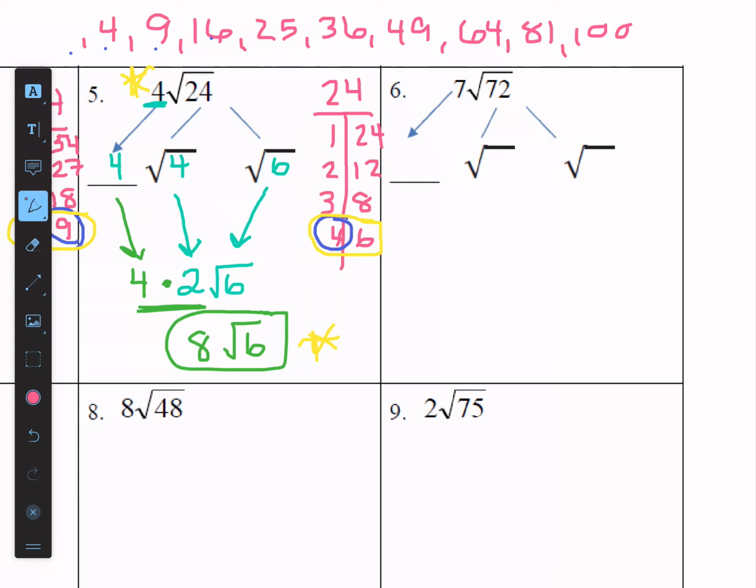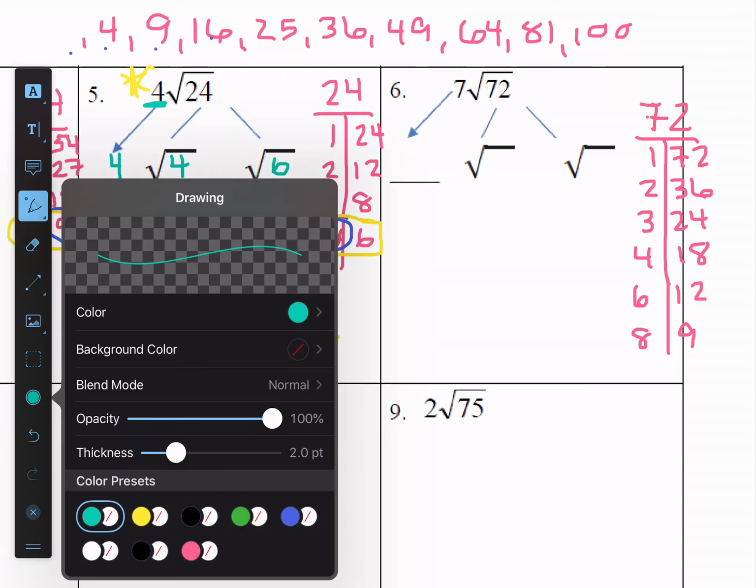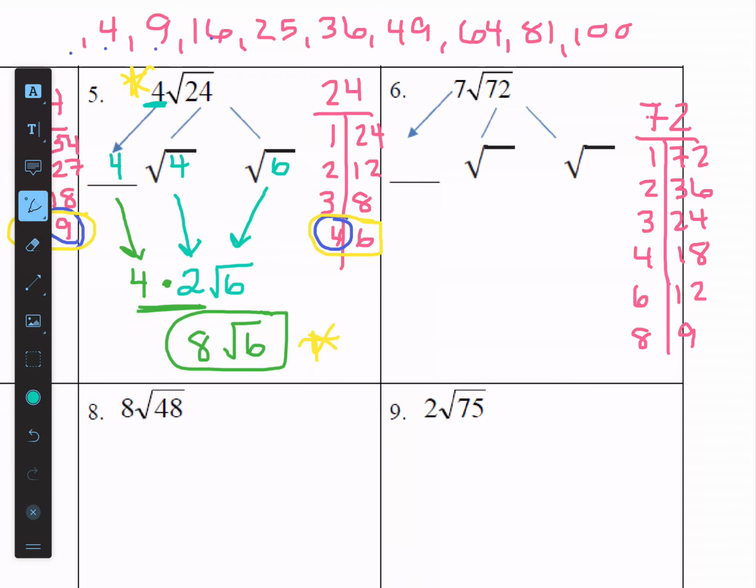All right, so back to our problems. So 7 radical 72. So I'm going to list my factors of 72. So 1 and 72, 2 and 36, 3 and 24, 4 and 18, 6 and 12, and 8 and 9. Okay, so let's go through our list, see where we have perfect squares.